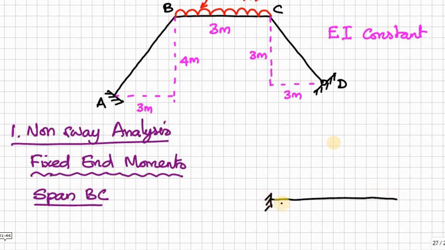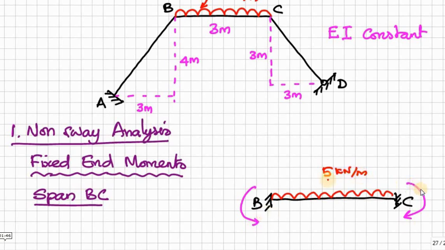Span BC has UDL over the entire span. Therefore the moment caused by that UDL at supports is equal to WL squared by 12, with proper direction. That is anti-clockwise moment in support B, clockwise moment in support C. And the value of that moment is equal to WL squared by 12.